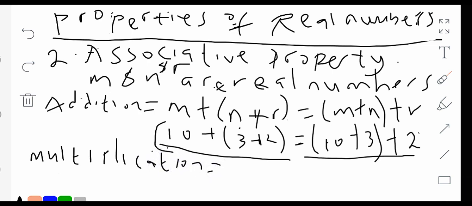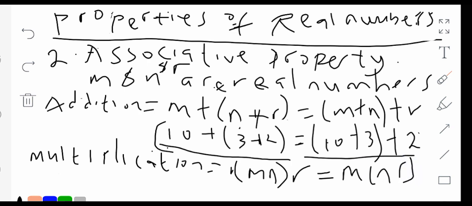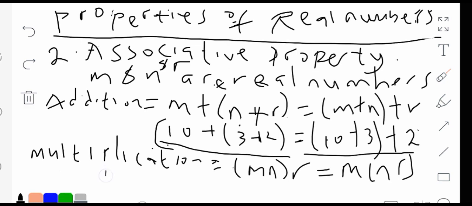The multiplication says (mn)r equals m(nr). If you are saying this is also the same thing, test it. So for example, m is going to be equal to 10, n equals 3.